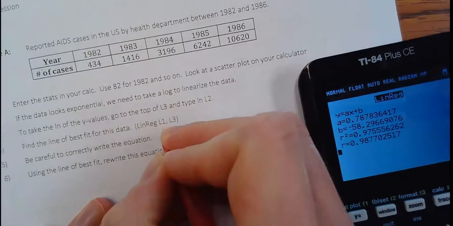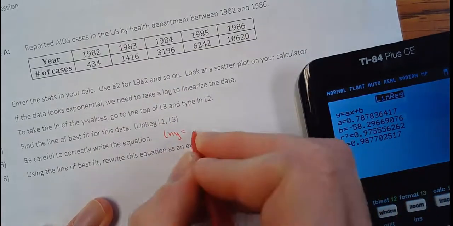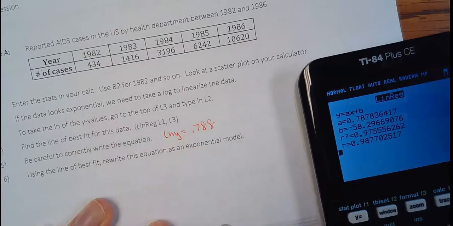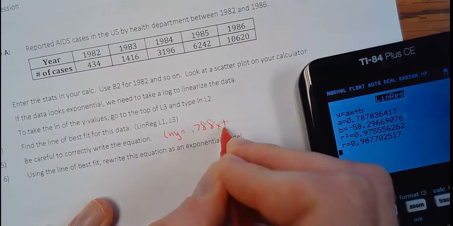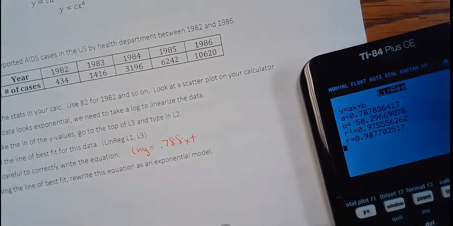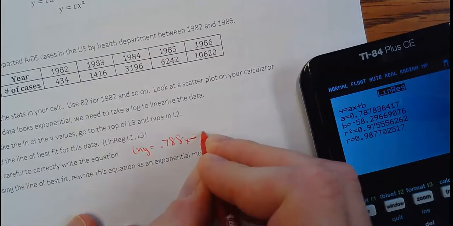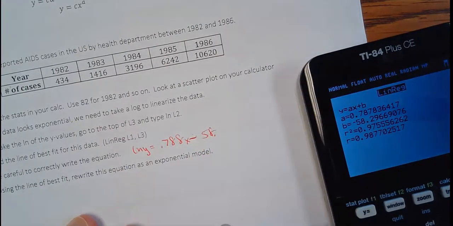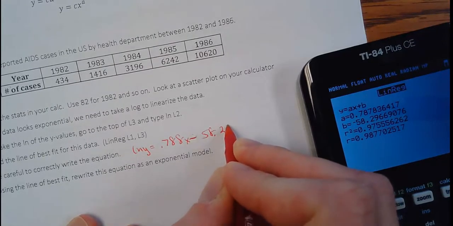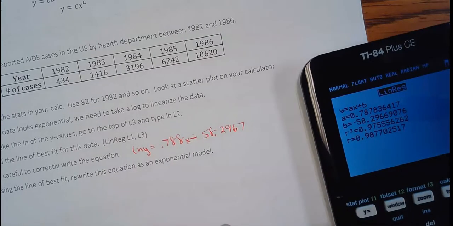So I'm going to put in natural log of y equals, and my a is 0.788x plus, and then my b, actually, let me change that. So minus 58.296. I'm actually going to go one more, 7. I'm going to go way out there on that one.